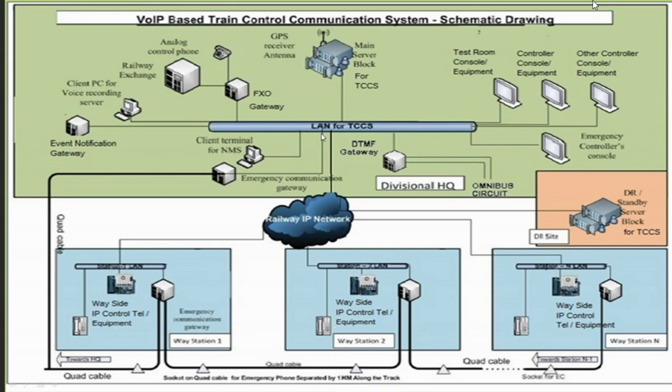For external DTMF testing, if you have conventional DTMF circuits, you can use your DTMF IP gateway. And you will have one L2 switch in your test room. So this is the diagram in your test room: the L2 switch, then the DTMF IP gateway, emergency gateway, voice logger gateway, and a client PC with the software so that you can monitor and diagnose the circuit from the test room.